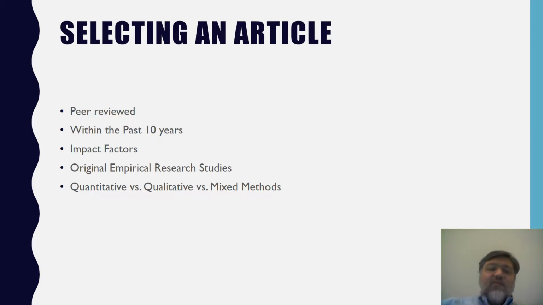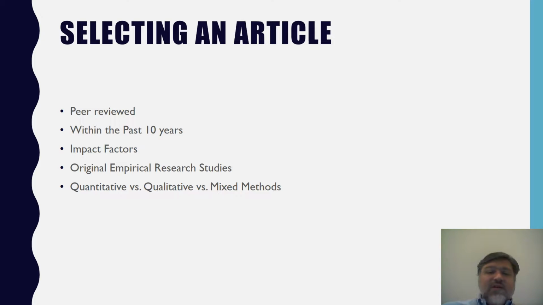There are a couple of important components to consider when selecting an article to be included in your article critiques for the class for the semester. One important criteria is to make sure that the articles that you select are peer-reviewed articles. When you are searching the HBU database, on the left-hand side, there is a checkbox to select only peer-reviewed articles.